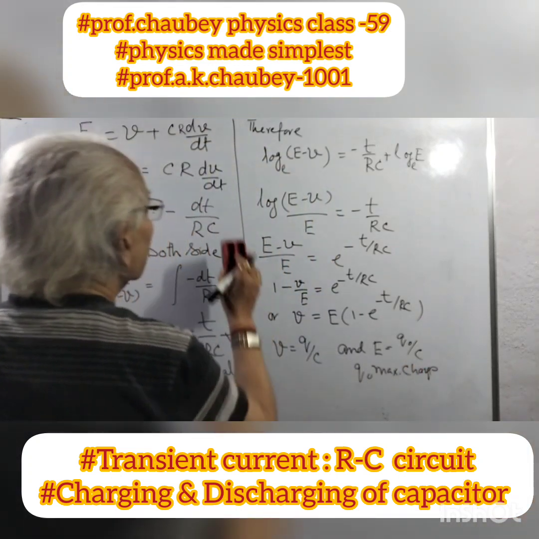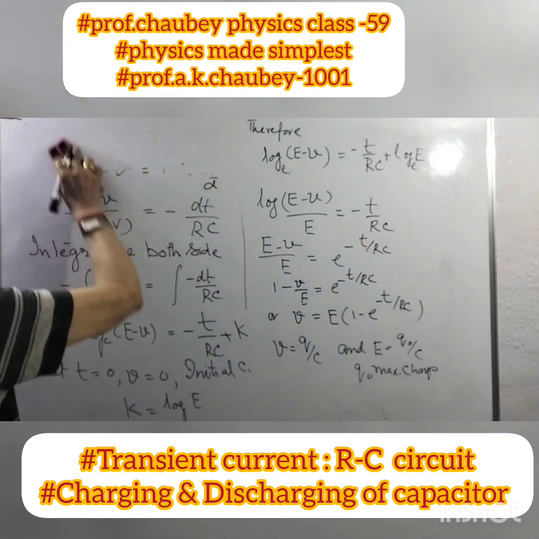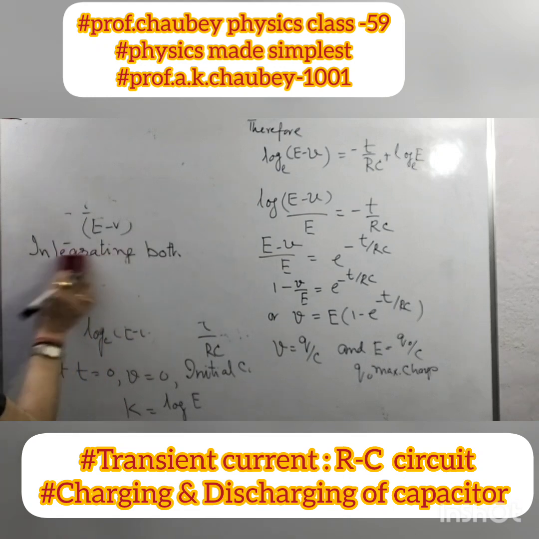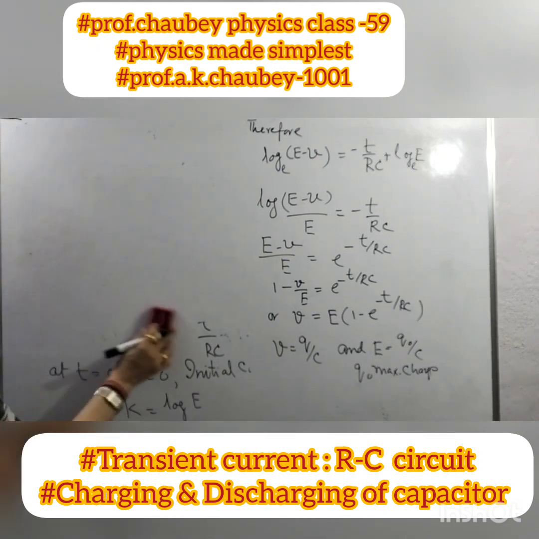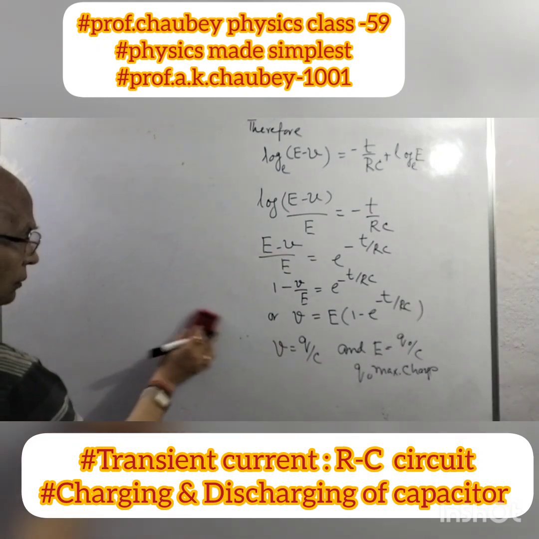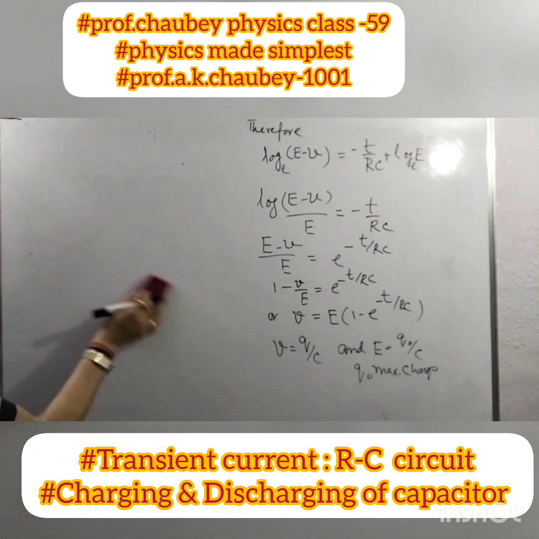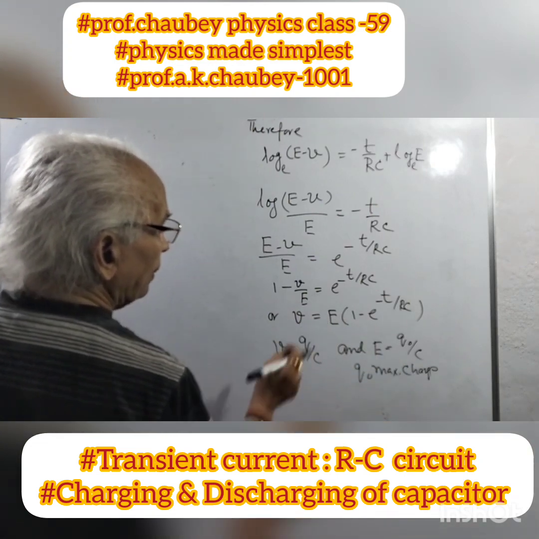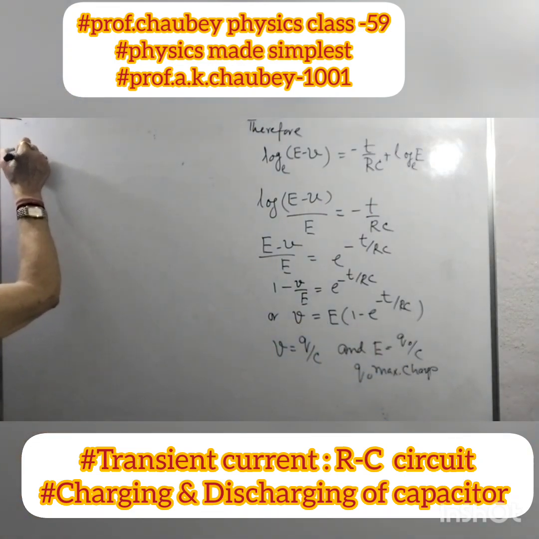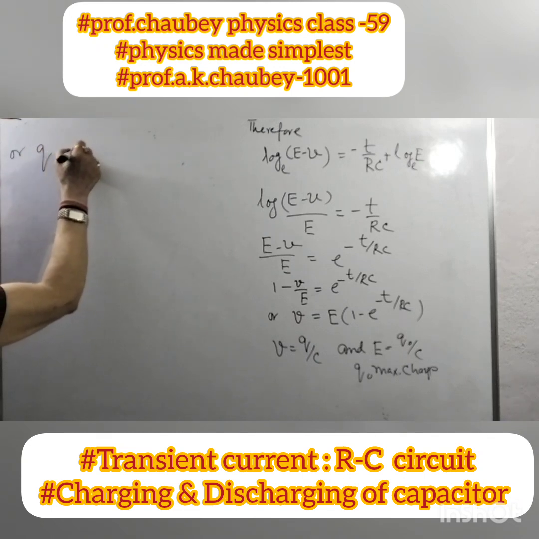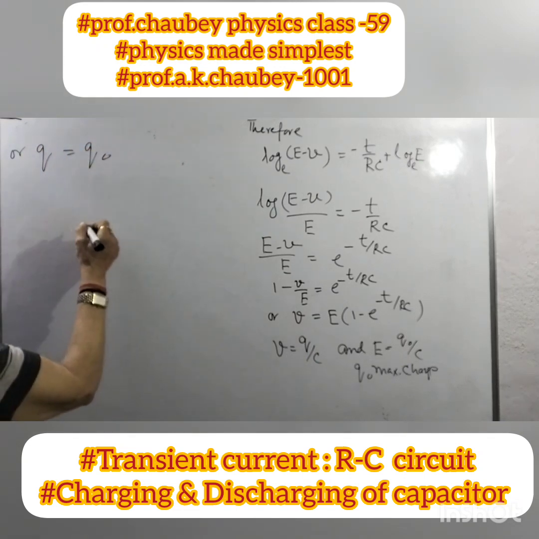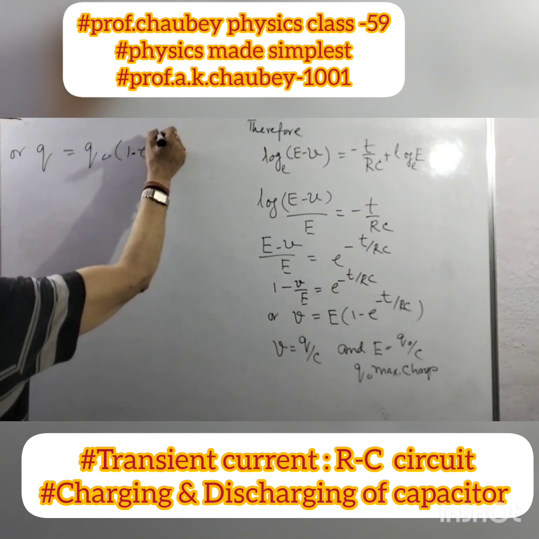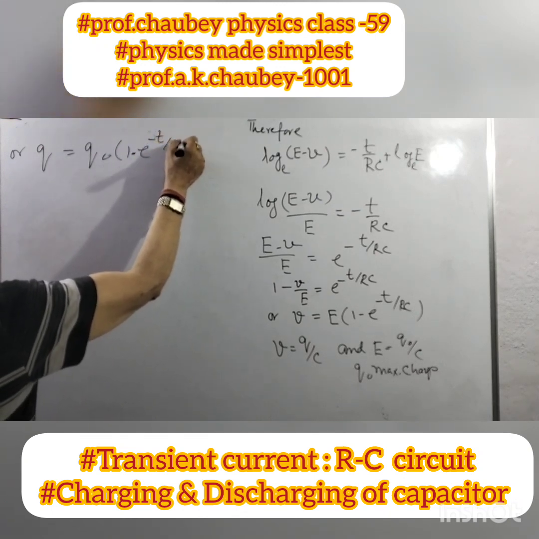So we can convert the potential into charge. In place of V and E we write Q and Q naught, the C and C cancel, and we get Q is equal to Q naught times (1 minus e to the power minus t over RC).